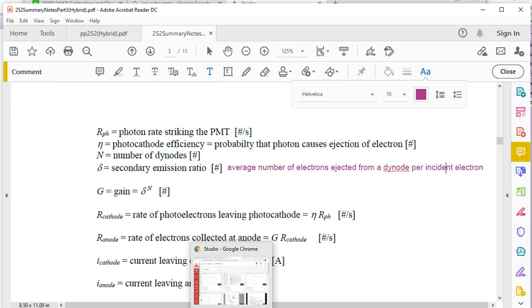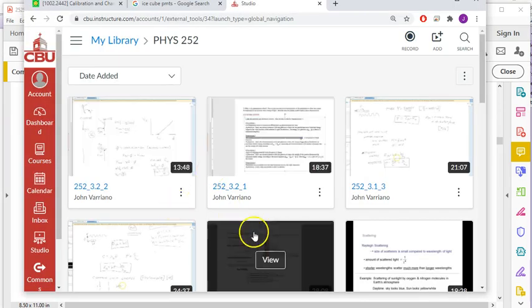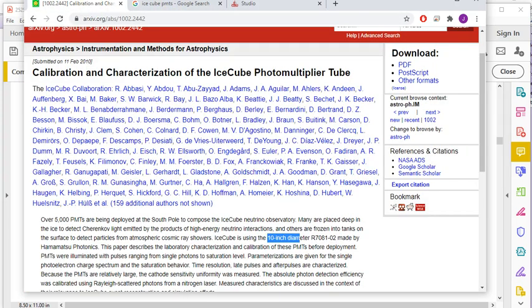So neutrinos are interesting particles. They are released in some nuclear decays, and we'll look at that when we get to nuclear physics. And they're also produced in nuclear interactions, and there's a natural source coming from space.